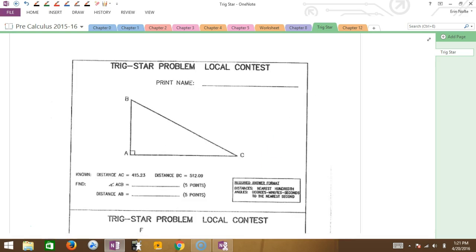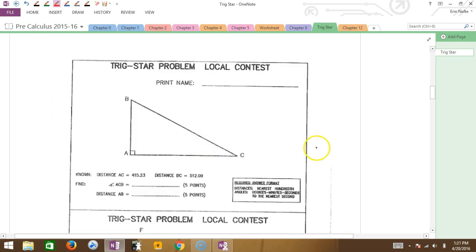The key piece on this, and this is what I really wanted to go over with you, is this little piece that's in a square right here. It says, for distance, round to the nearest hundredth, and for angles, we need to use degrees, minutes, and seconds. I'm going to review how to input degrees, minutes, and seconds. We'll do this first example together.